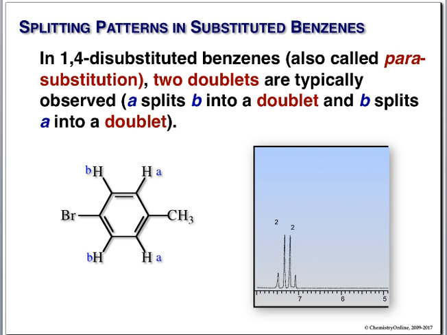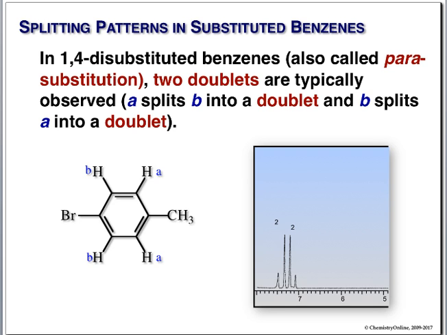Hydrogen A is next to how many hydrogens? 1. So this absorbance is going to be split into a doublet. B is next to A, so the absorbance from B is also split into a doublet. What we see looks like this.